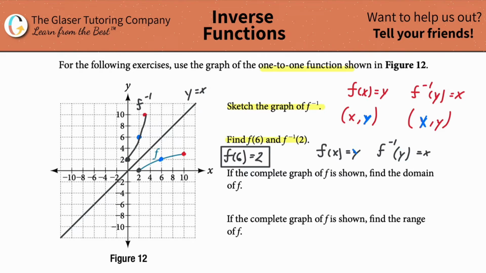So what I'm trying to say is that if this is a blue y, then that blue y will now become an x value of the second equation. And if this is my red x, then that becomes the red y of the inverse equation.